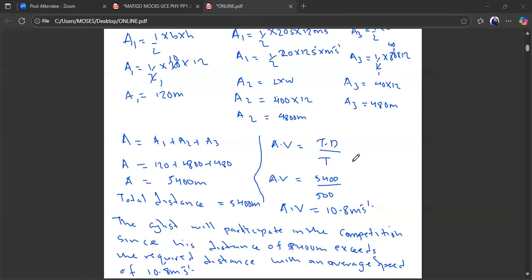Master, I had a question. For example, if I write the abbreviation for time as capital T, is it allowed? When you write the abbreviation for time, it is supposed to be a small t. If you're using the abbreviation, you're supposed to use small t. That is a must, because capital T represents other things.